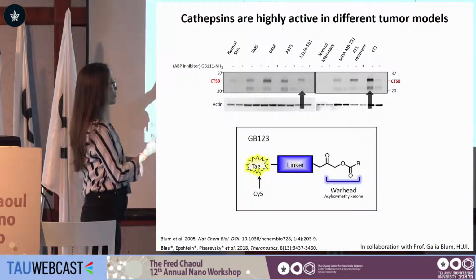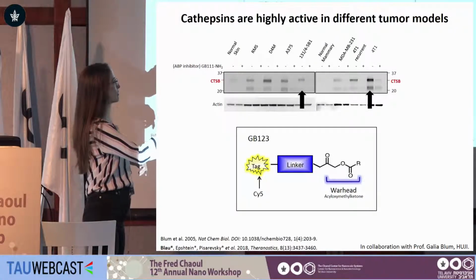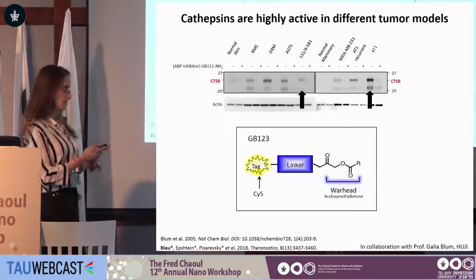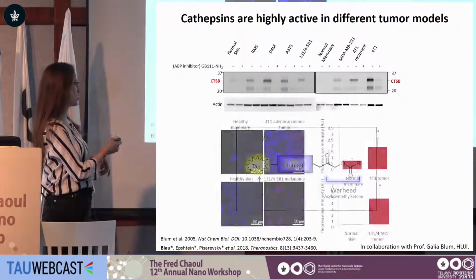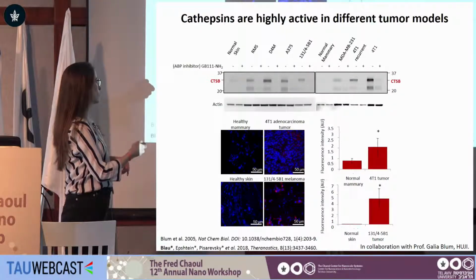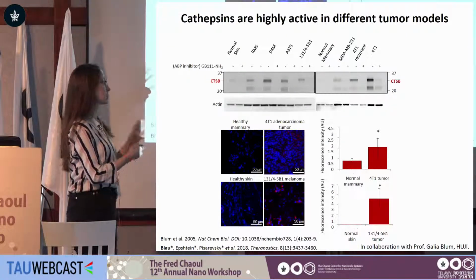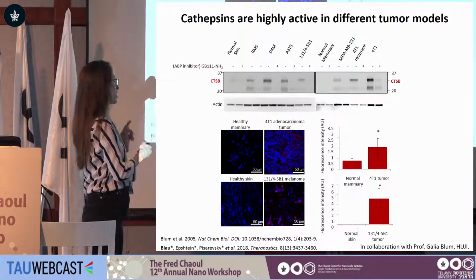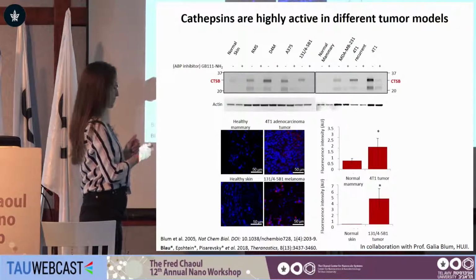We focused on two main models, 4T1 mammary adenocarcinoma and B16 melanoma, and further imaged their location inside the tumor sections of mammary and melanoma, and showed higher activity, again, in comparison with the healthy tissue of mammary and skin.